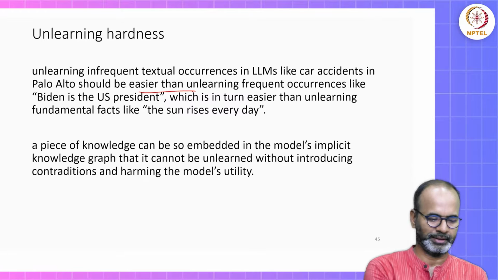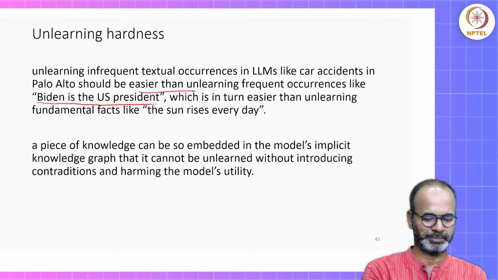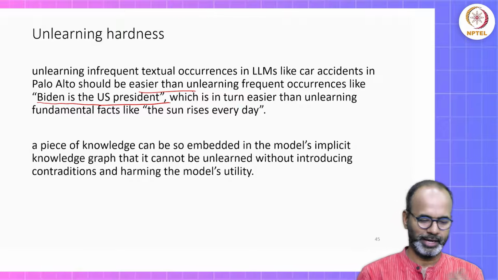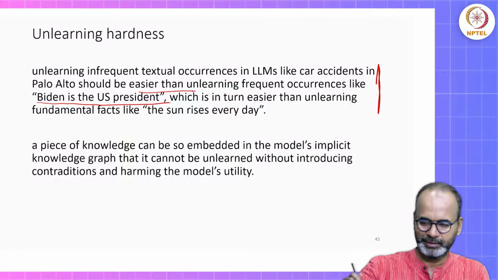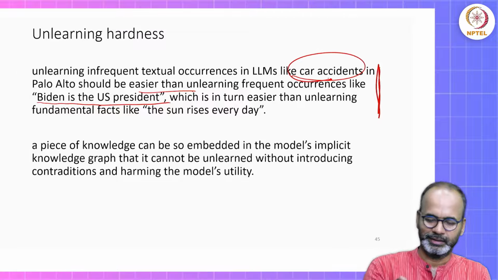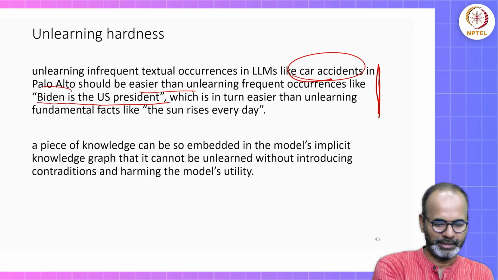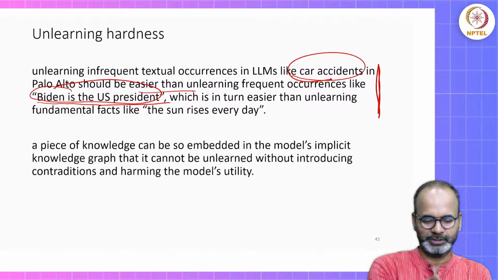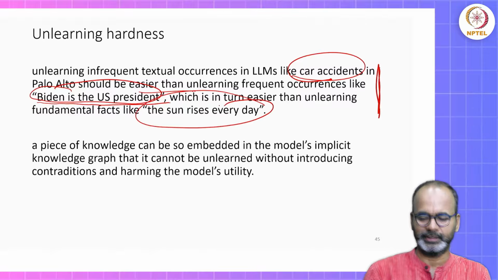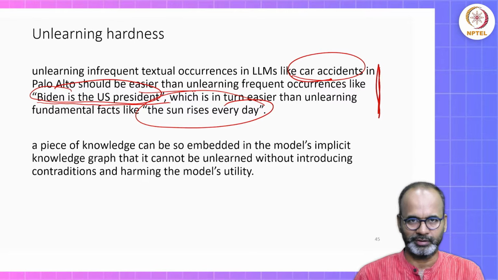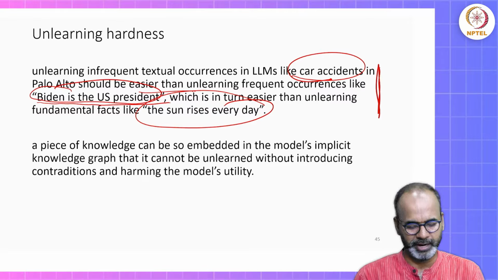That is in turn easier than unlearning occurrences like Biden is the US president, which is easier than unlearning a fundamental fact like the sun rises every day. That's how you should read the hardness part here. Three levels of hardness are compared.